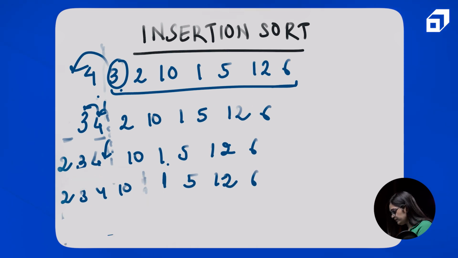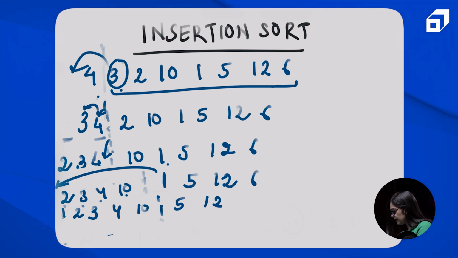So now we pick 1 and we start with the sorted part of the array. We compare 1 with all the elements starting from 10. Smaller than 10, smaller than 4, smaller than 3, smaller than 2. We find out that the correct position for 1 is the 0th position. So we place 1 here and then we just see that the unsorted part now is 5, 12, and 6.